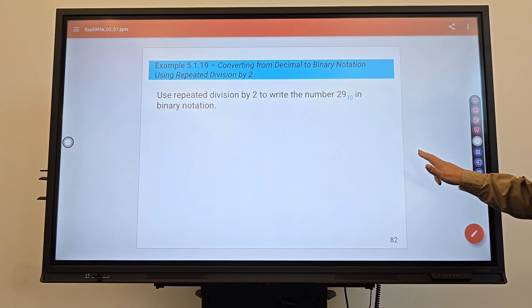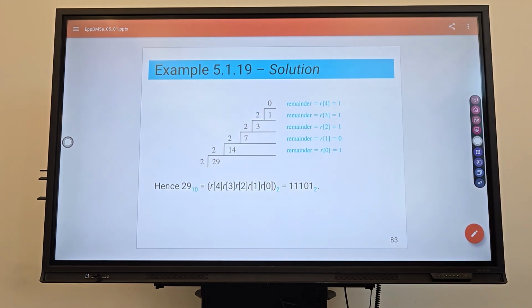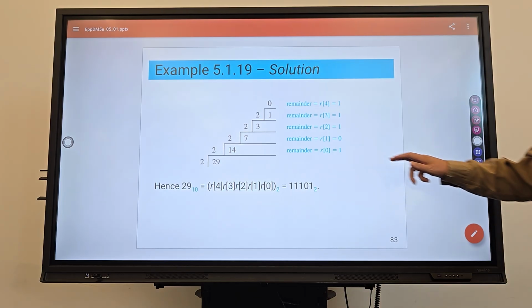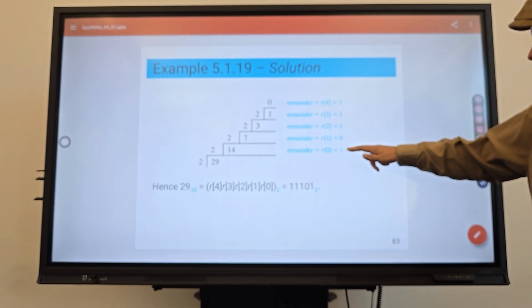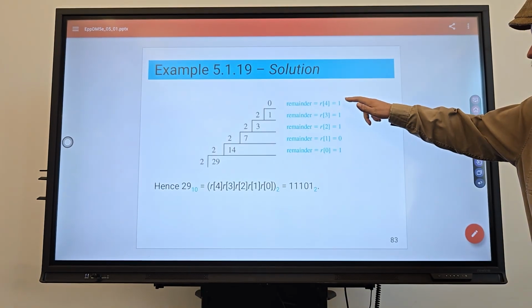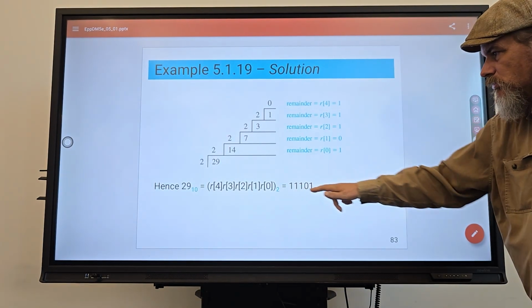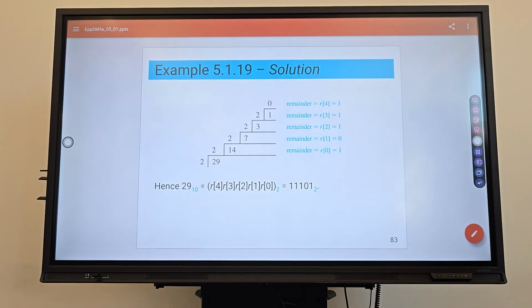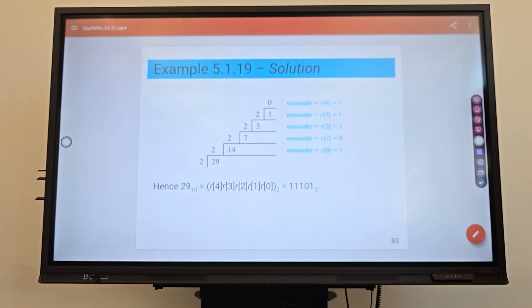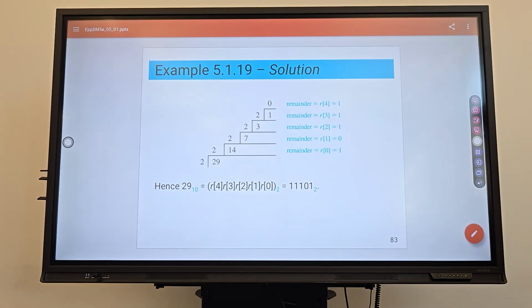I'm not going to go through this with 29, but for 29, the remainders are 1, 0, 1, 1, 1. So the representation of the number is 11101.